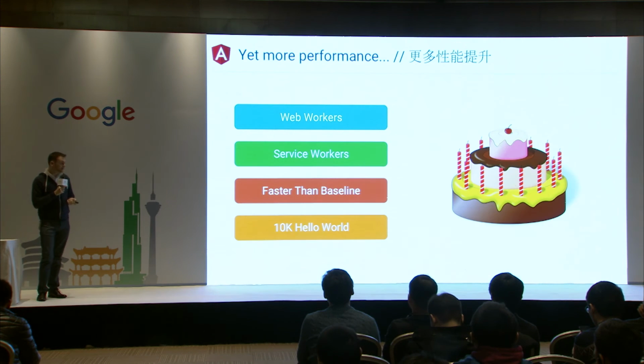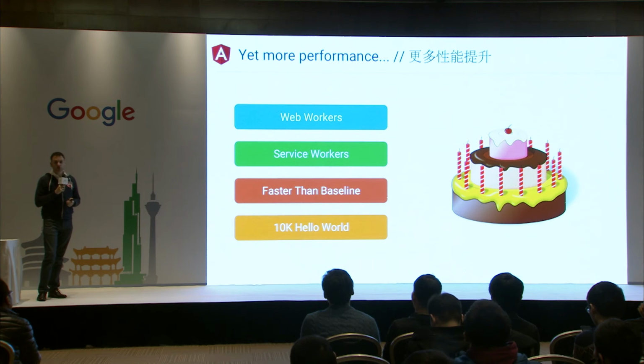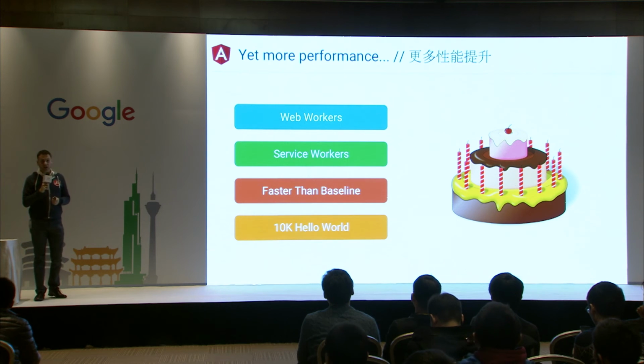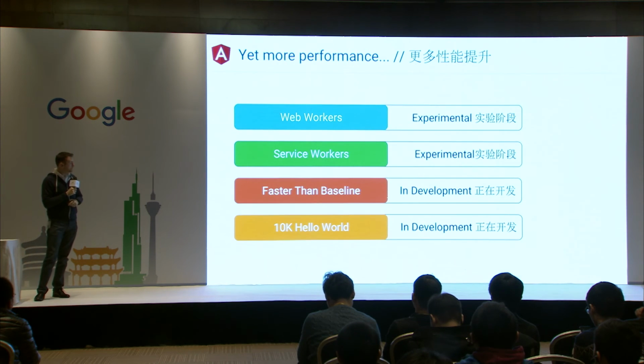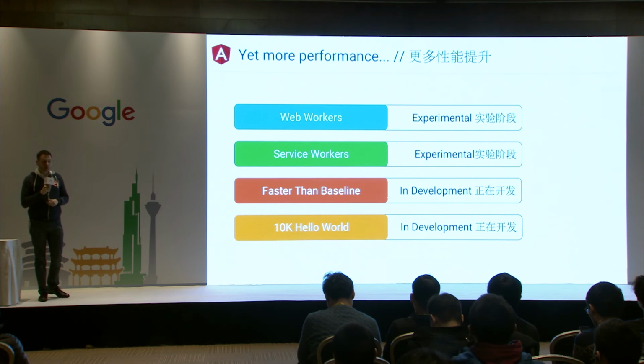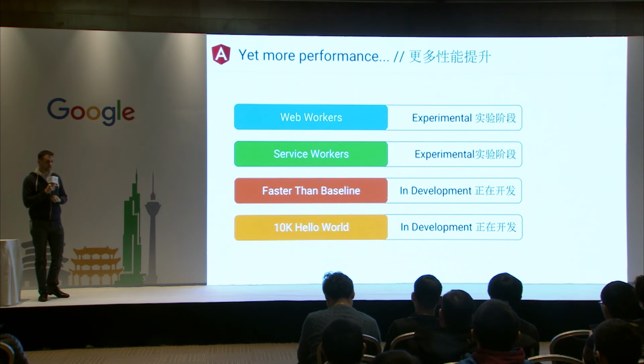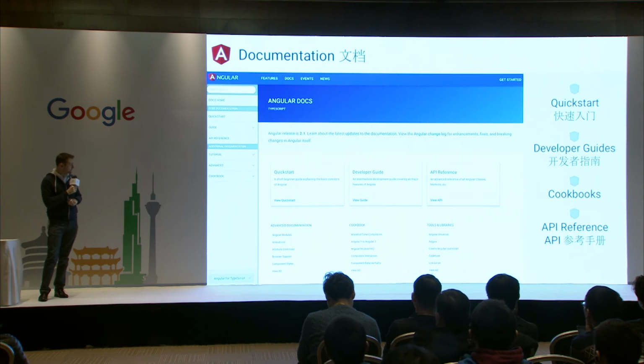And we're working to get faster than that baseline that we mentioned. And we're also working to get the bundle size down to about 10K. And our director says that if we get to about 10K, he will bake us a cake. So we're very motivated. Currently, web workers and service workers are available, but we call them experimental. And we're still working to get faster than that hand-optimized JavaScript and that 10 KB Hello World.